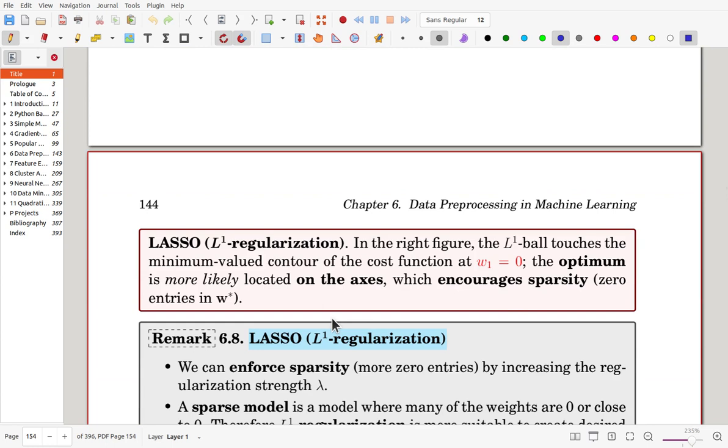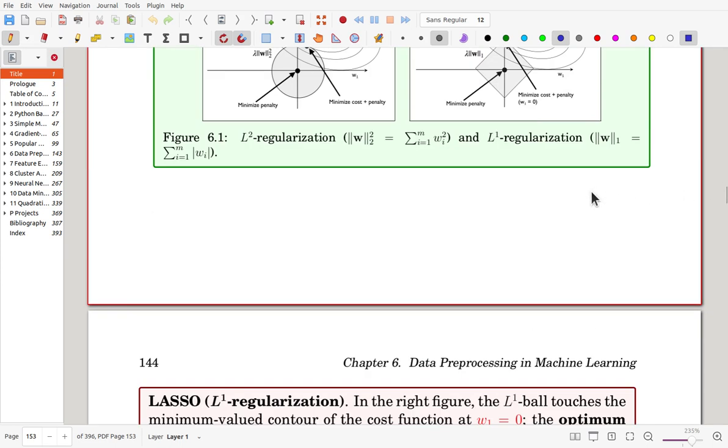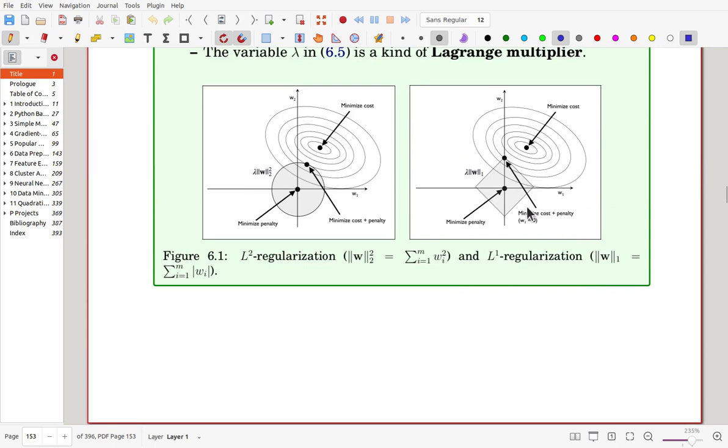That means it encourages sparsity. And if we generalize this idea, some components in W can be 0 or small around 0, which is the same effect as eliminating the corresponding features, right? So it can serve as a feature selection method.